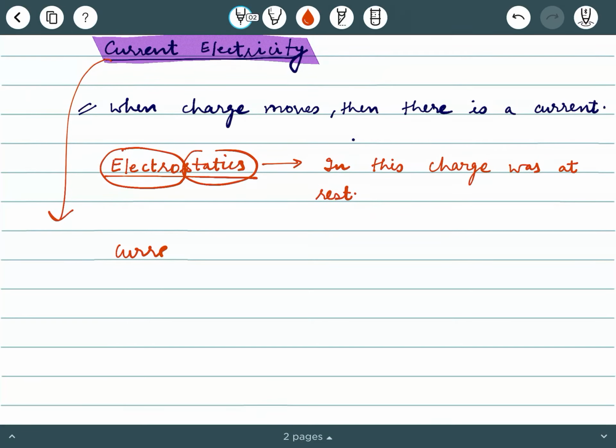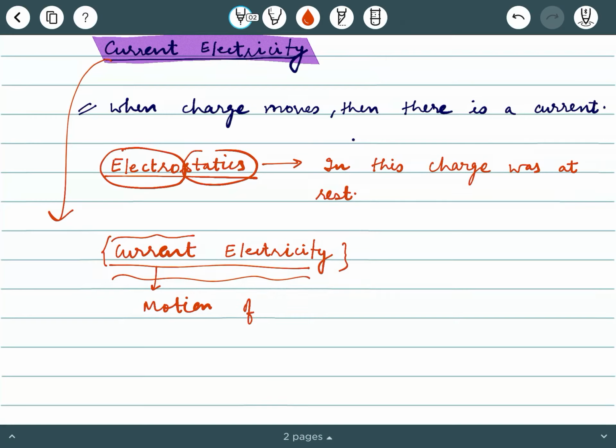Now think of this name, current electricity. When you listen to this word, what comes to your mind? What kind of meaning do you gather? It means the charge. Current means something moving. Current means motion.